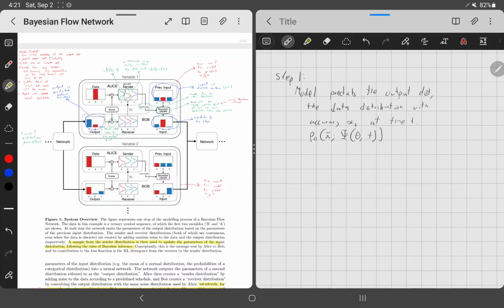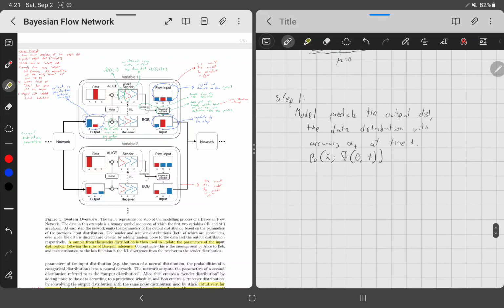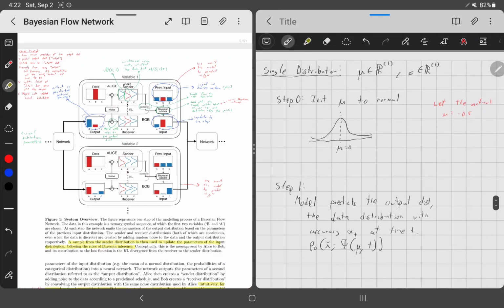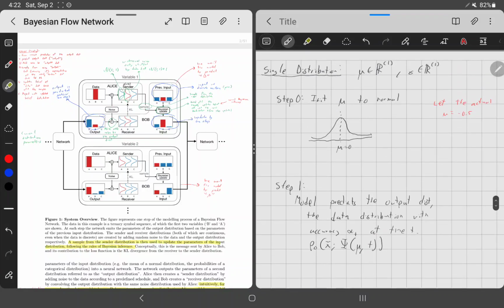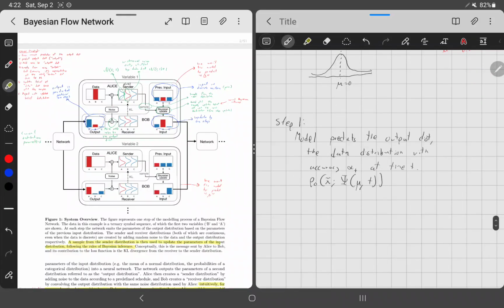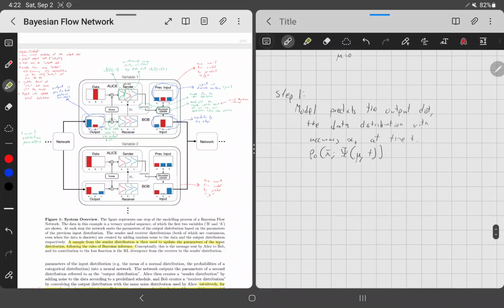This Greek letter here, the model takes in theta, which I renamed to mu. So it takes in mu, which is our current estimate of the data, and the time step. So it takes in the current time step and the current estimate of what we think our output data is going to be. And then it makes a prediction.